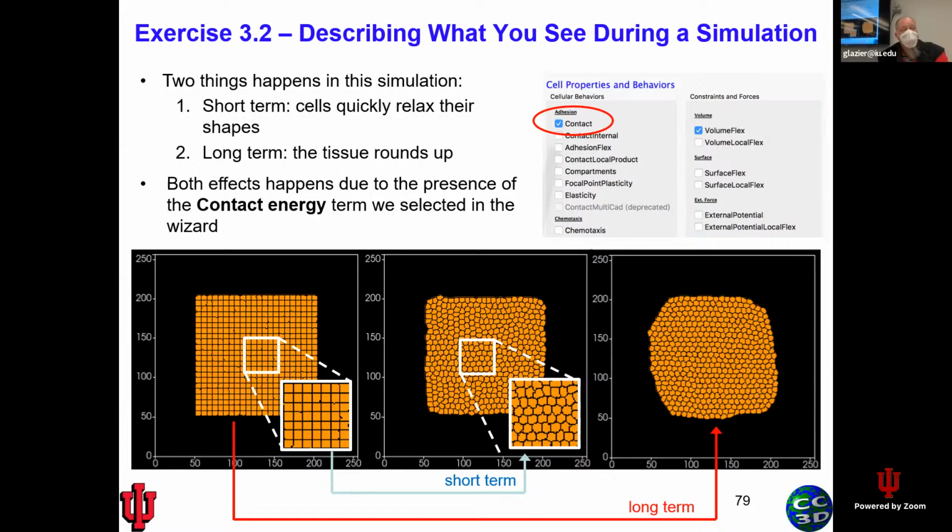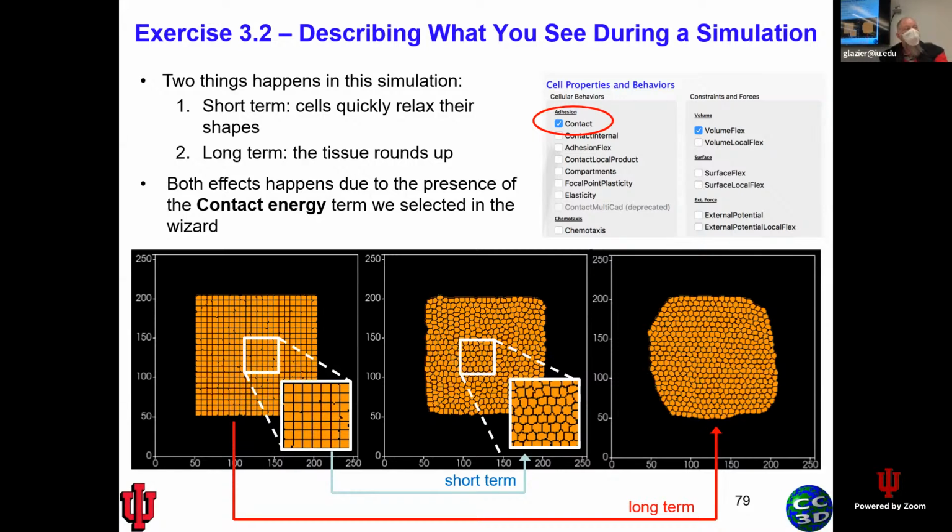And then there's, as I mentioned, this longer-term relaxation of the shape of the whole array, the shape of the aggregate, which loses its square shape. That would be what I would hope you might say if you were asked to describe what happens in the simulation. So short-term, cells relax to equilibrated rounder shapes individually, and then longer term, the tissue rounds up.